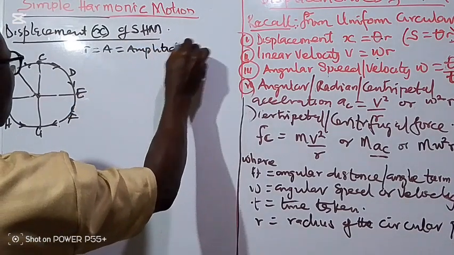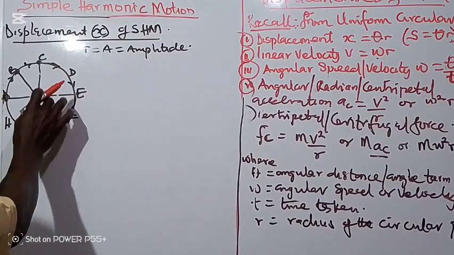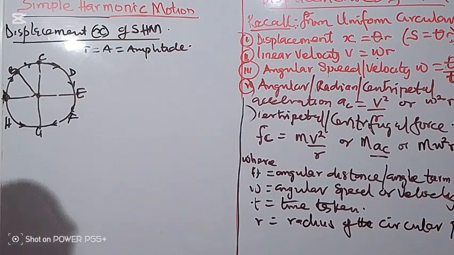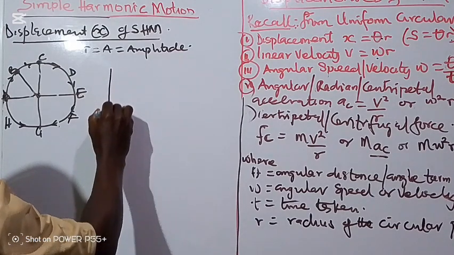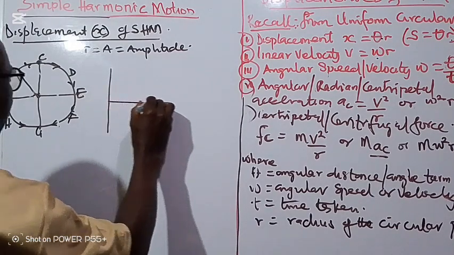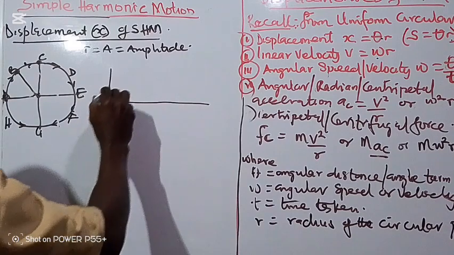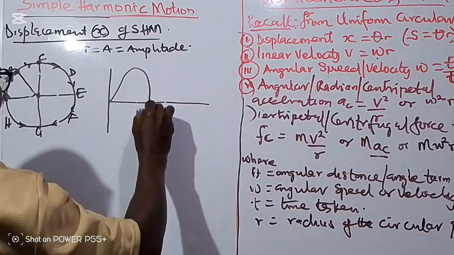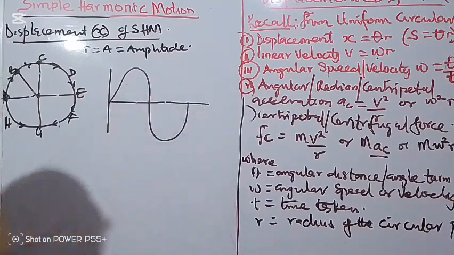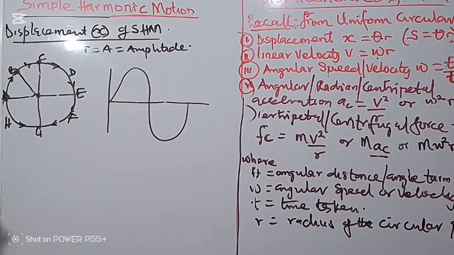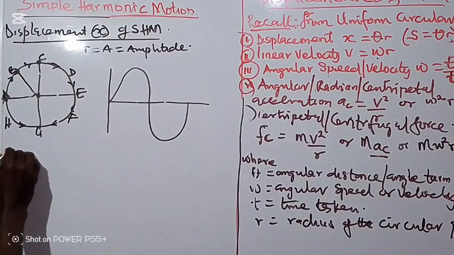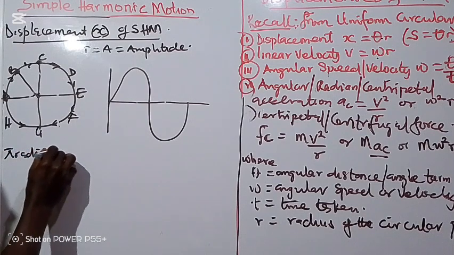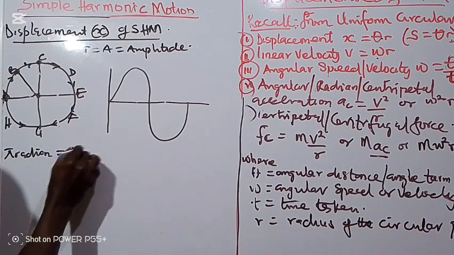When you relate this to a complete cycle of simple harmonic motion, something like this is a complete cycle. Don't forget, under uniform circular motion, pi radian is equivalent to 180 degrees.